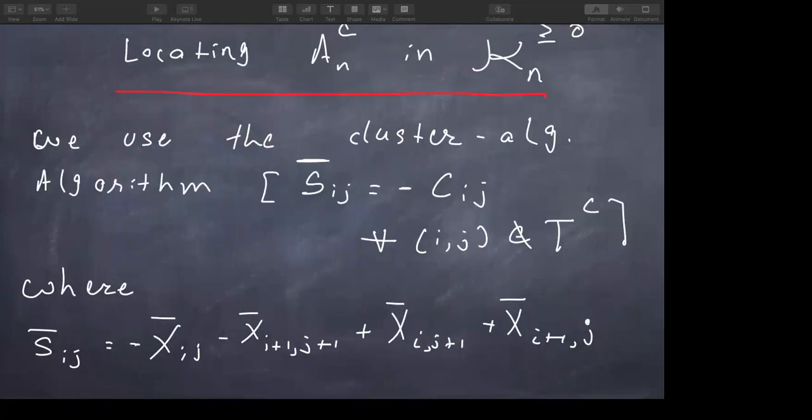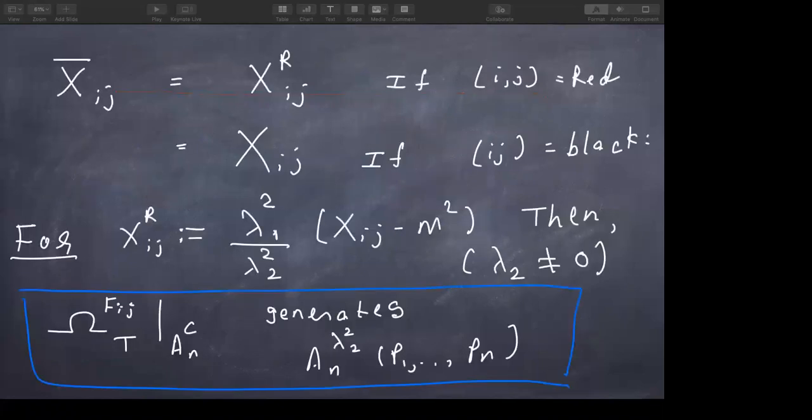Now, suppose we look at the same algorithm, where we want to realize the associahedron. So I use the same class of equations, which is Sij equal to minus Cij for Ij's which are not in the counterclockwise reference dissection, but where every X is now replaced by X bar. So my S bar Ij is the same expression in terms of Xij, but instead of Xij I now have X bar Ij.